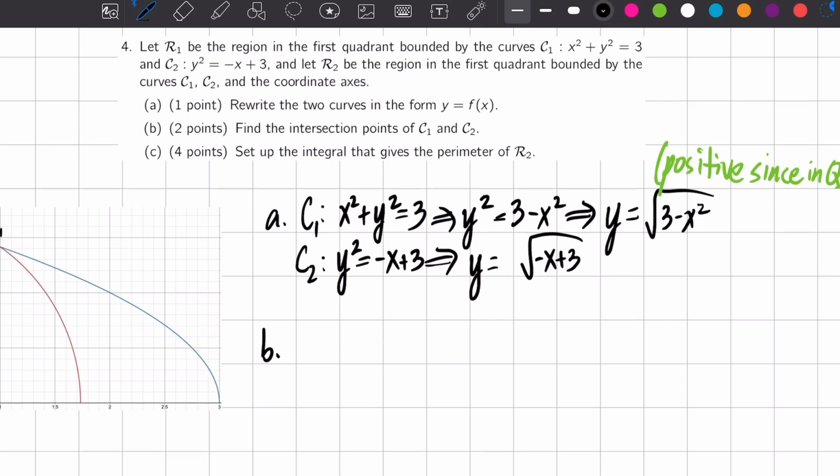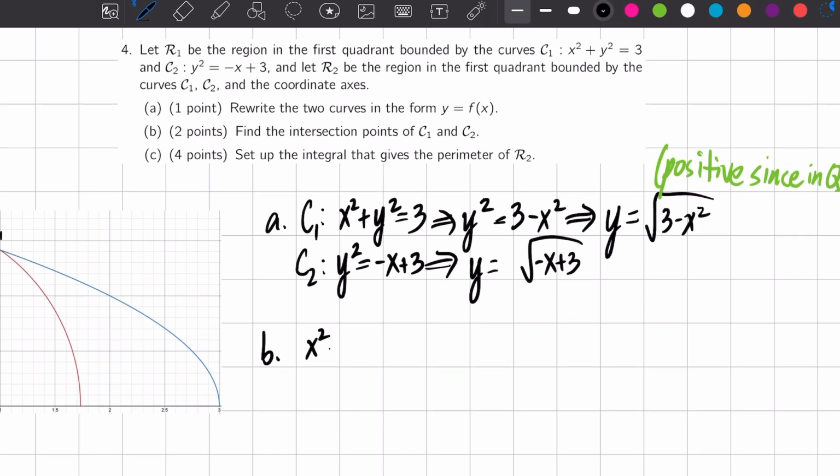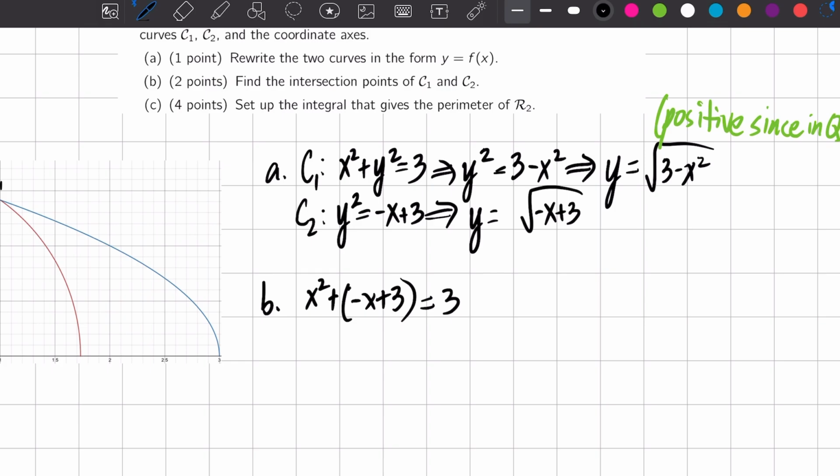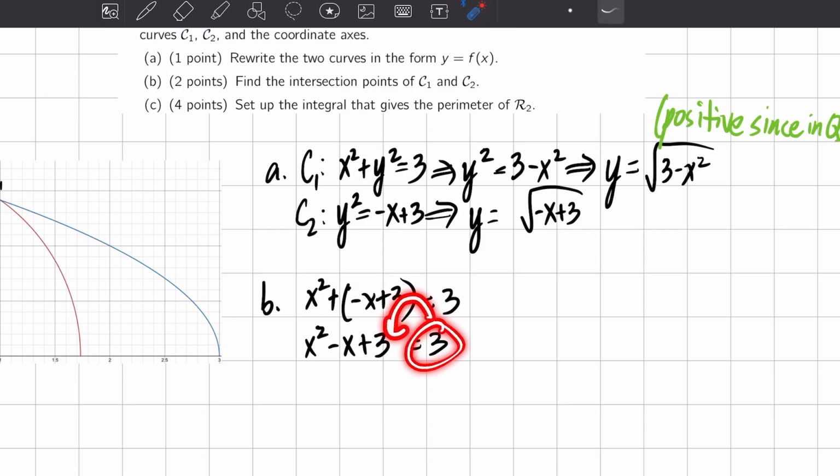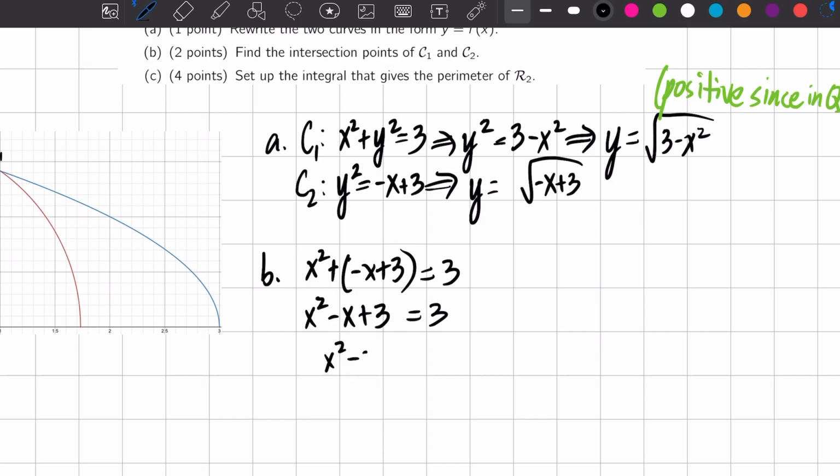So that will have x squared plus negative x plus 3 equals 3. Then simplifying this, we have x squared minus x plus 3 equals 3. Then transferring this to the left side, we have x squared minus x equals 0. Then finally, solving this quadratic, we can factor the left side into x times x minus 1 equals 0, for us to be given x equals 0 and x equals 1.